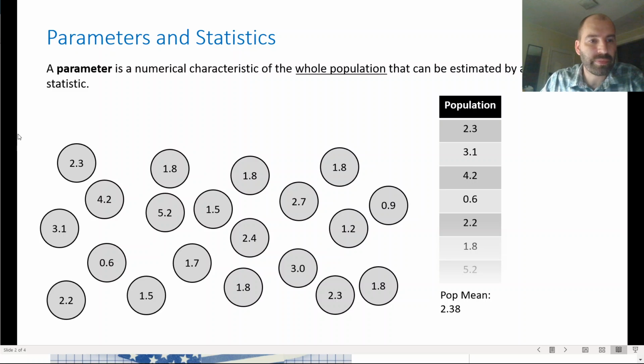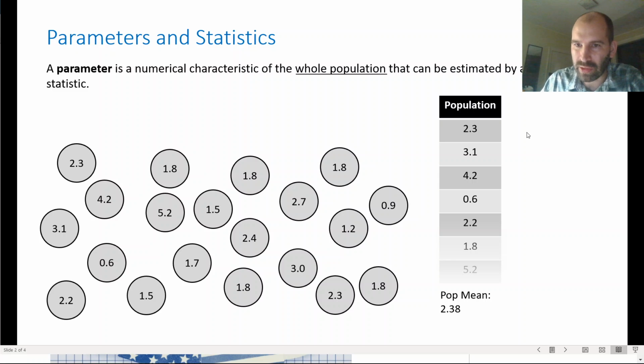So let's take a look at this example. Here I have a population of, I just made circles. You can imagine, I don't know what these are. I hope they aren't GPAs of students, right? You can imagine maybe they were. Here's our population, and you can see that I could put the numbers in a list, and I faded it out because I'm imagining that this population just goes on and on and on.